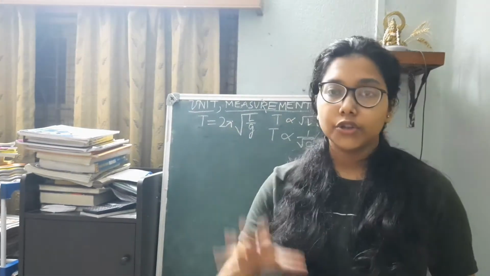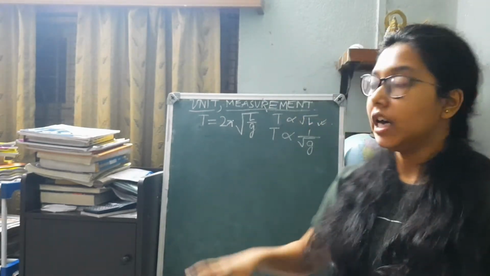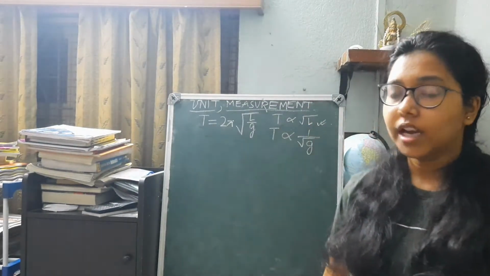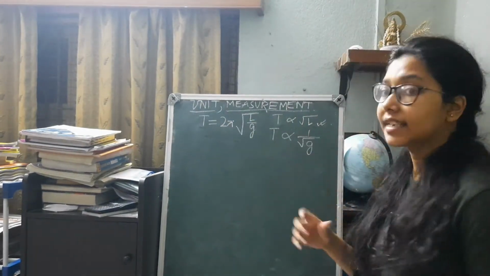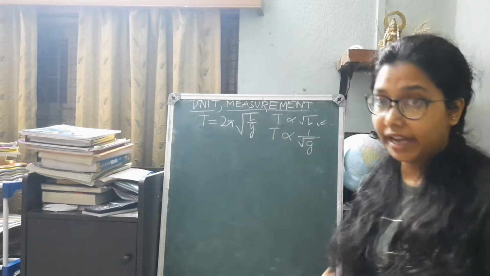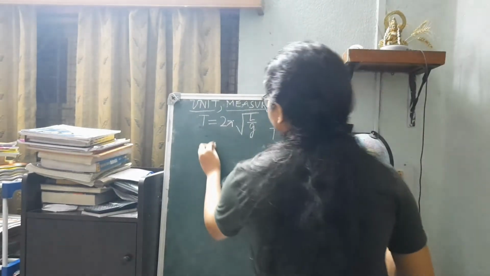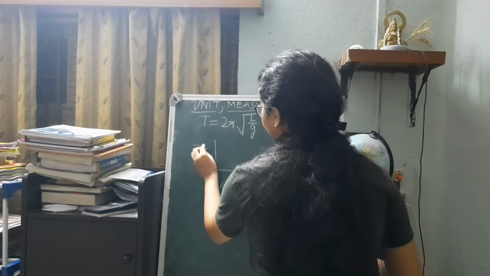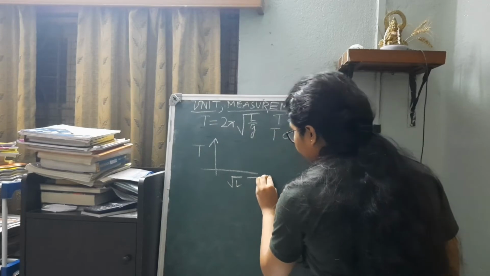So you may be asked to draw the graph of T versus root L. As we already came to know from the formula itself, T is directly proportional to root L. So how will the graph of T versus root L look? If I plot T on the y-axis and root L on the x-axis, it is very simple.